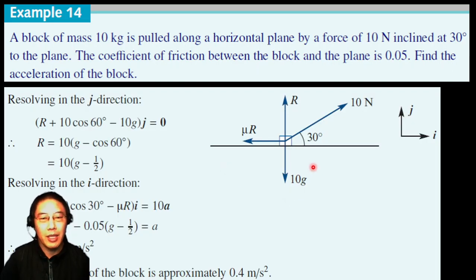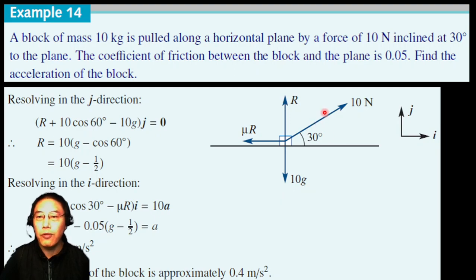As you're pulling towards the right, don't forget that the friction force has to be in the opposite direction of the movement. If you put it in the same direction, it becomes a sort of thrust force, which contradicts all the physics of the situation. Once you have your diagram, we have a reaction force and a weight force downwards.